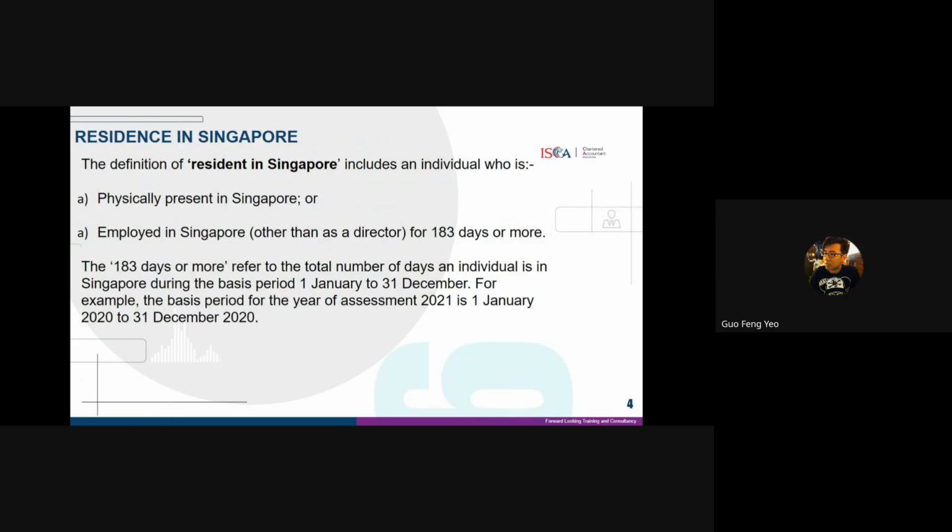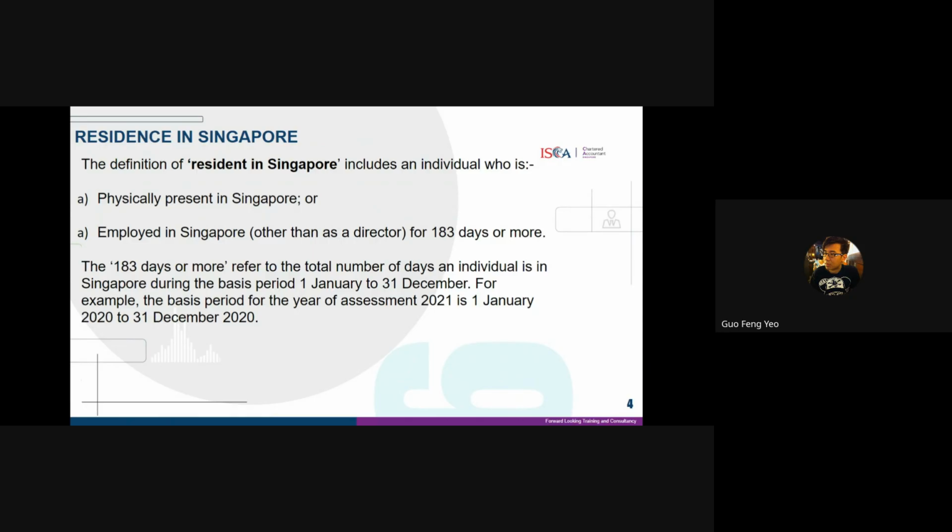Now, residents in Singapore. Under the Singapore Income Tax Act, the definition of resident in Singapore includes an individual who is A, physically present in Singapore, or B, employed in Singapore other than as a director for 183 days or more.